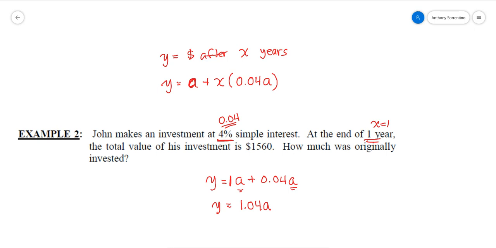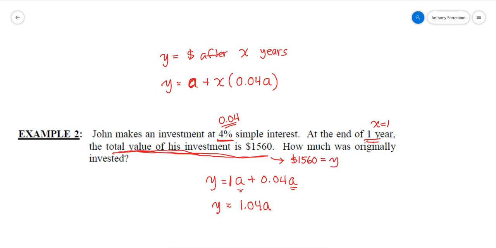So, now they're telling us that the total value of his investment, which means what it's all worth with the interest, is $1,560, which means that this is equal to my y value.